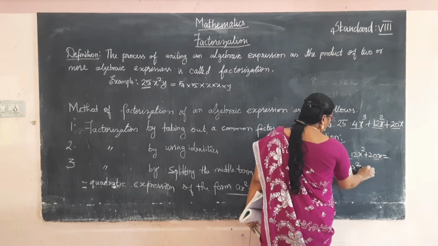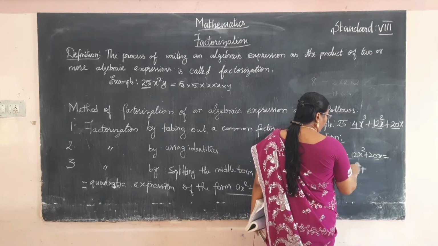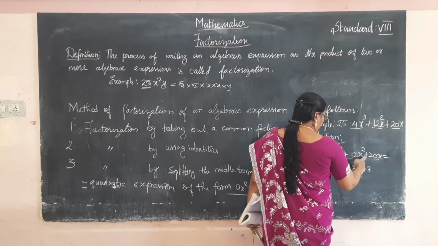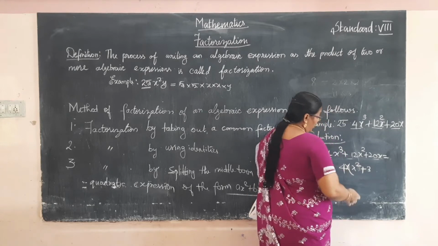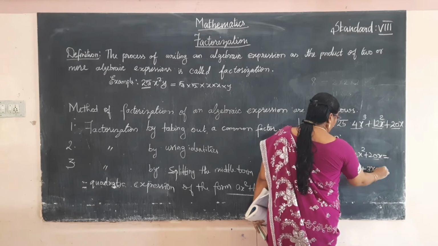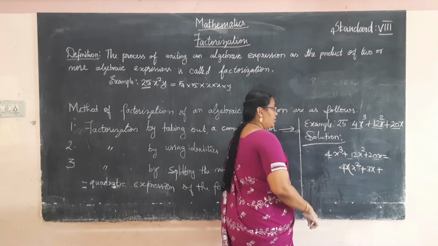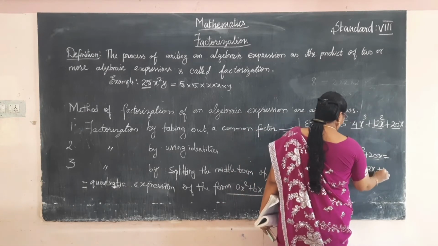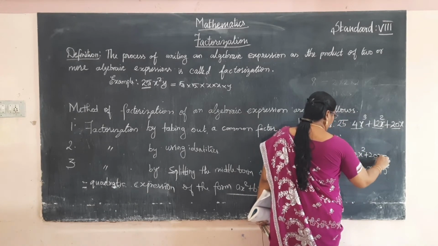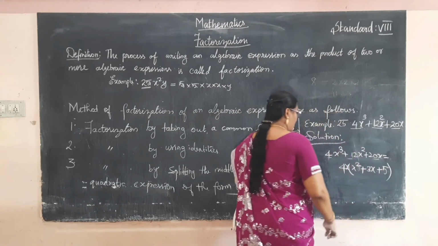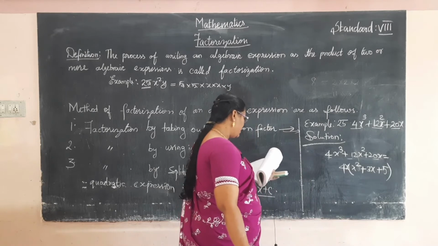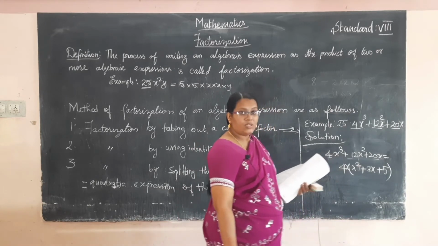From the second term, take outside 4, the remaining factor is 3, since 4 threes are 12, and the variable x is already taken outside, so 3x. Then 20: 4 fives are 20, so 5. So the answer for this problem is 4x into x squared plus 3x plus 5.